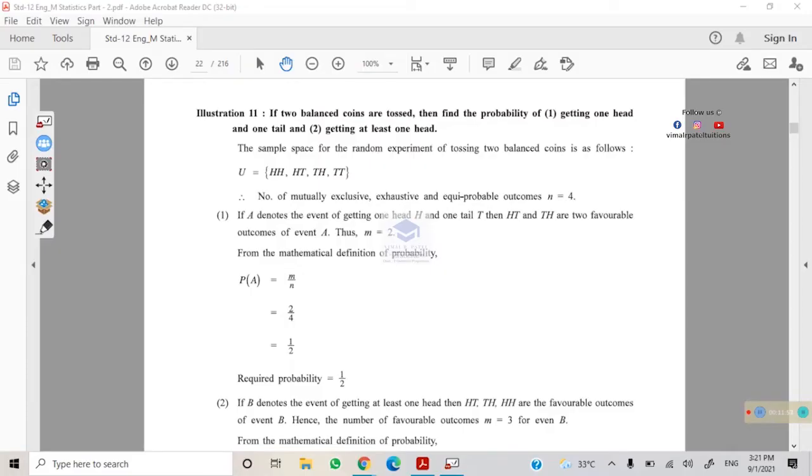If two balanced coins are tossed, then find the probability of getting one head and one tail, and getting at least one head. Two balanced coins are tossed. So first of all, you must find out the sample space, that is your n.